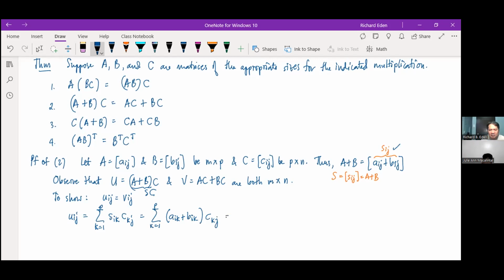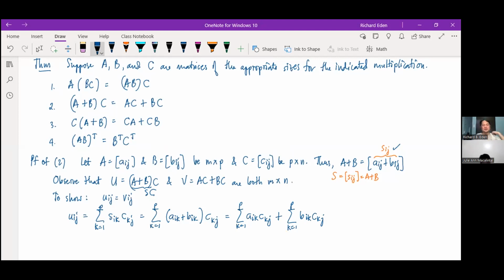And then, if you look at what we've written down, it's just real numbers. These A sub ik, B sub ik, and C sub kj are just numbers. So I can rewrite this as the sum, k running from 1 to P, A sub ik, C sub kj. And then we can break that down into two summations: k from 1 to P, and then B sub ik, and then C sub kj.